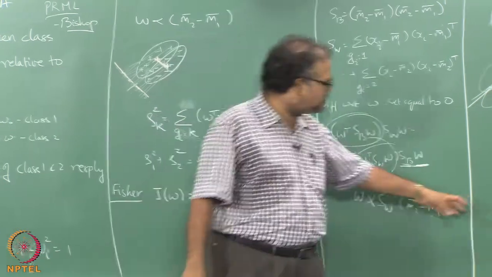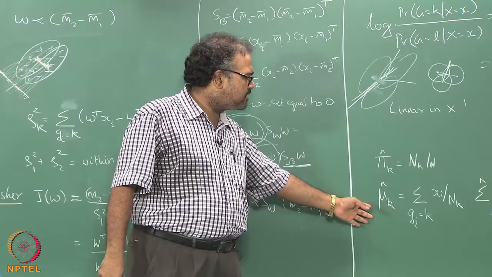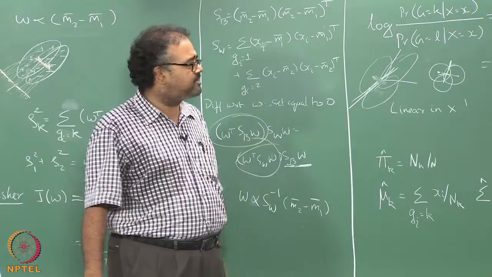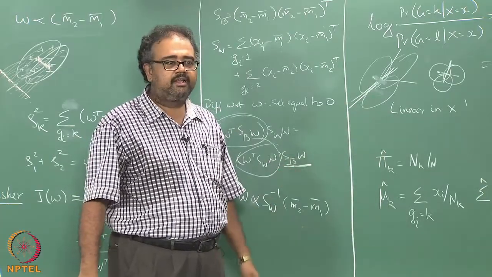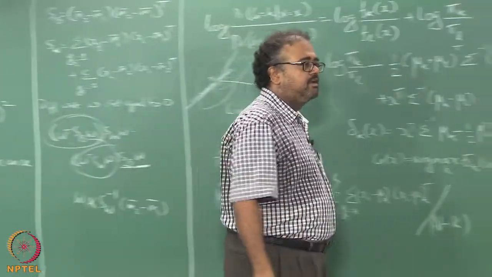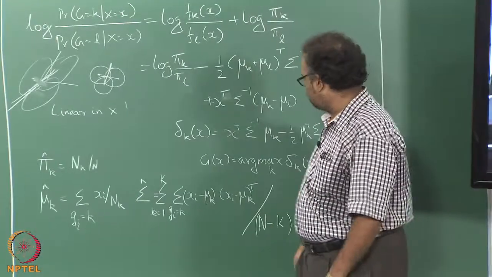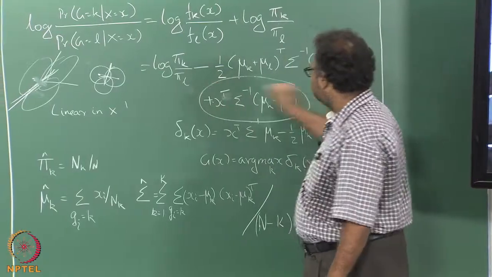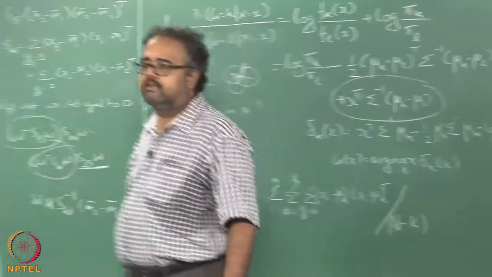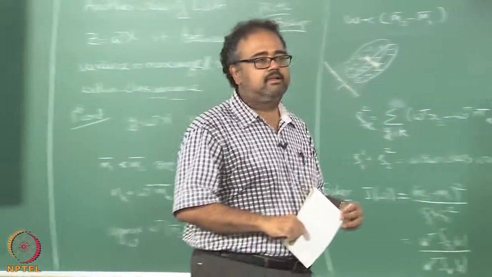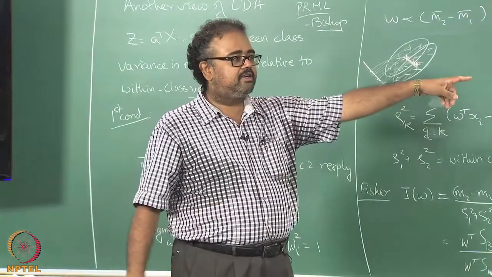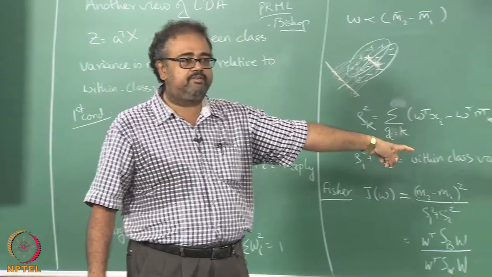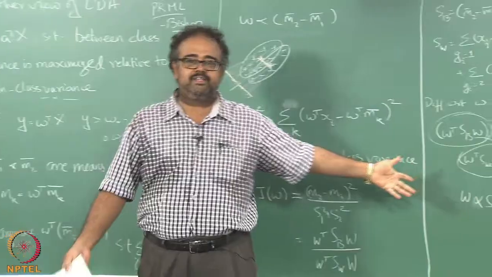But how does this relate to this? Do you see any relation between this and that? Think about it, that is basically what we are doing there, right. So sigma inverse is SW inverse, right, just using different notation here.